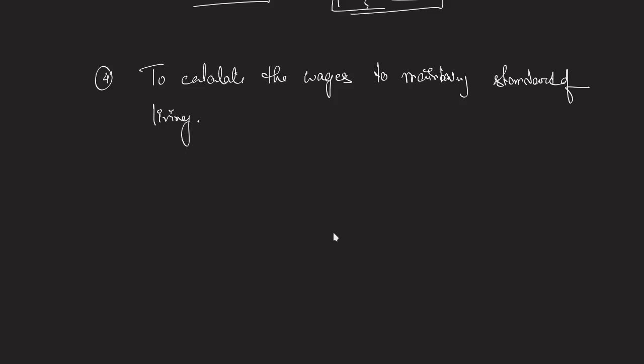The standard at which a person lived earlier, if the purchasing power of 10 rupees was a certain level and now the purchasing power has fallen, then to maintain that standard, their salary will have to change. So that is another application. These are the four applications of index number. The first is to study trend and forecasting. Number 2 is policy making. Number 3 is purchasing power.